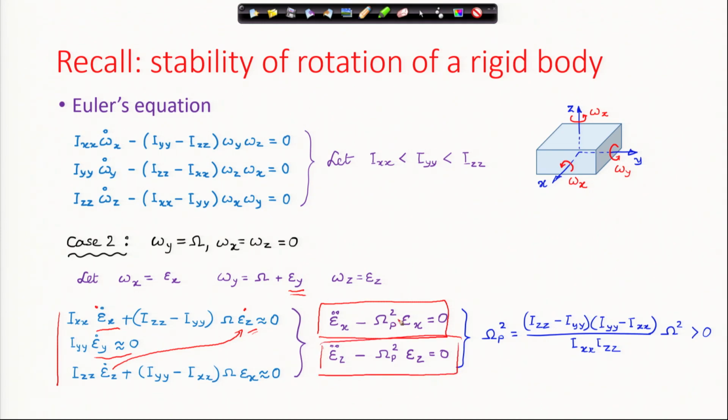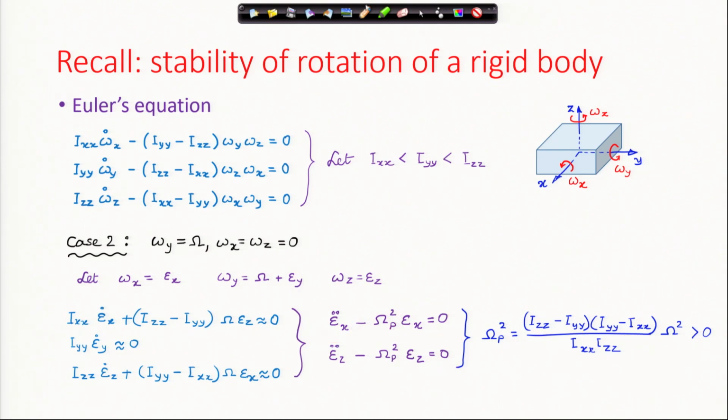This sigma_p squared, which is given by this, is a positive quantity. Why? Because I_zz is the highest, I_zz minus I_yy is positive, I_yy minus I_xx is also positive, these are positive. Therefore, this is a positive quantity, but we have this additional negative sign.